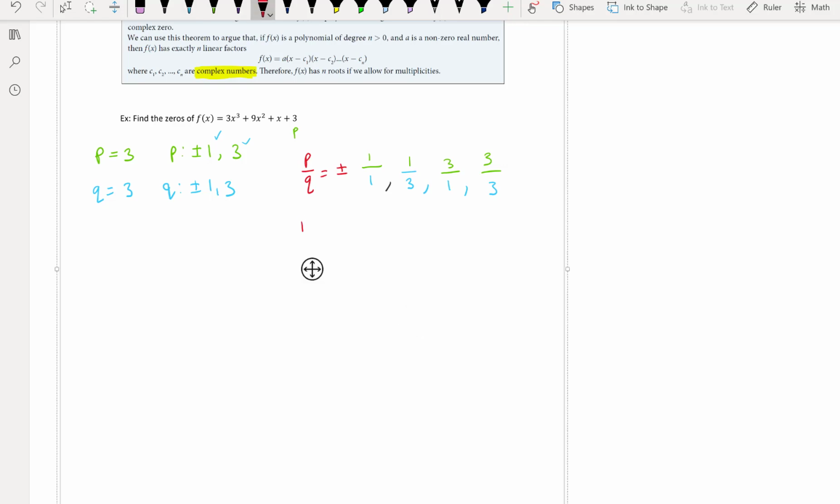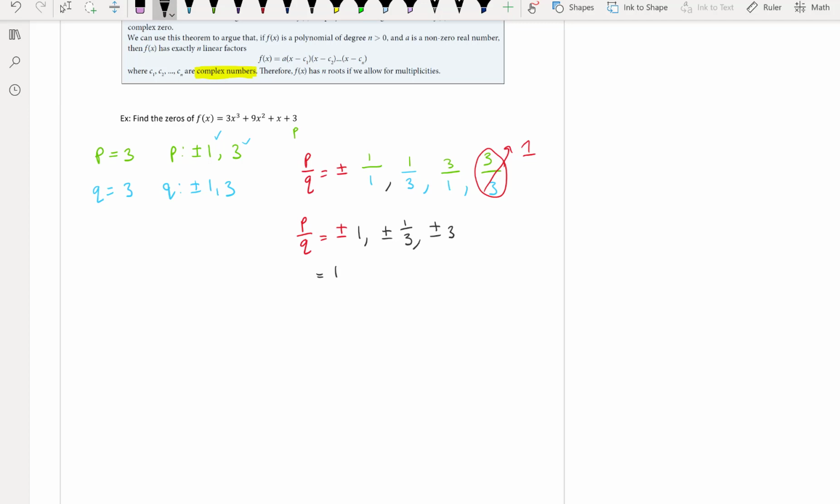So really my P over Q is equal to plus or minus 1, plus or minus 1/3, plus or minus 3, and we know that 3 divided by 3 reduces to 1, but we already had 1. So really, we only have 3 different possibilities, or actually 6, right?